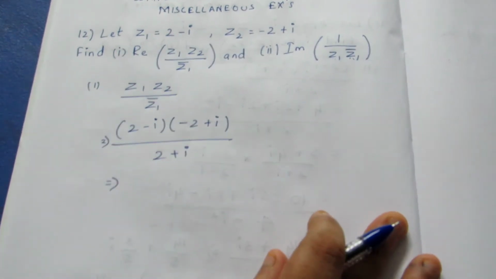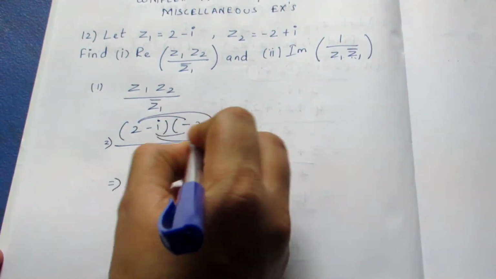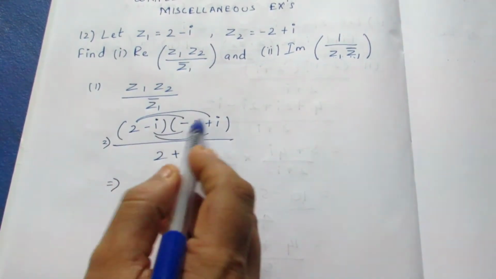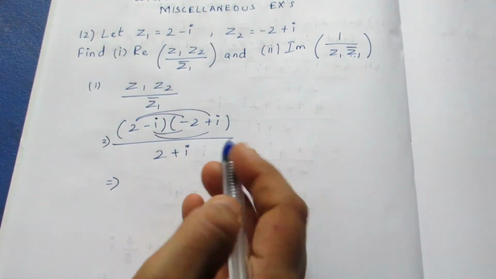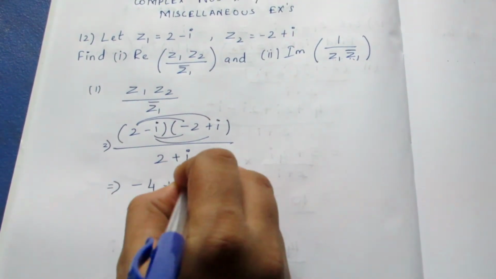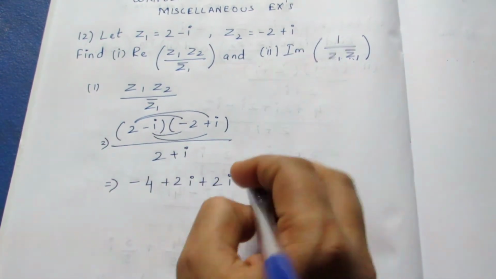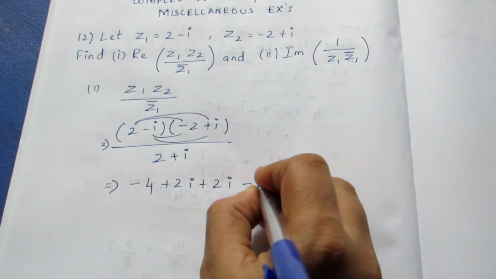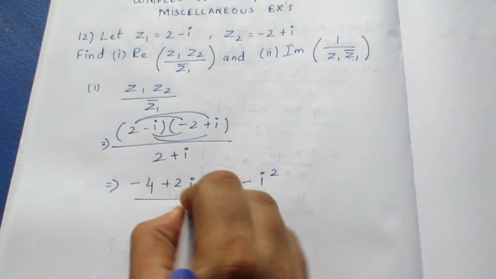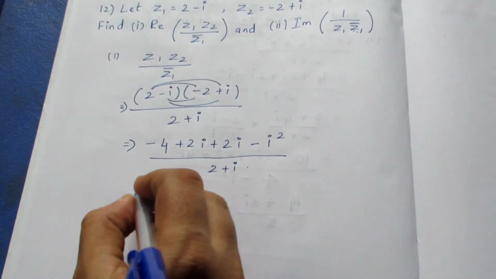Now we need to do binomial multiplication in the numerator. So multiply both the 2 with both the numbers, similarly i with both the numbers. If I multiply, it becomes minus 4 plus 2i here, plus 2i here, minus i square, by 2 plus i. Now solve the like terms.